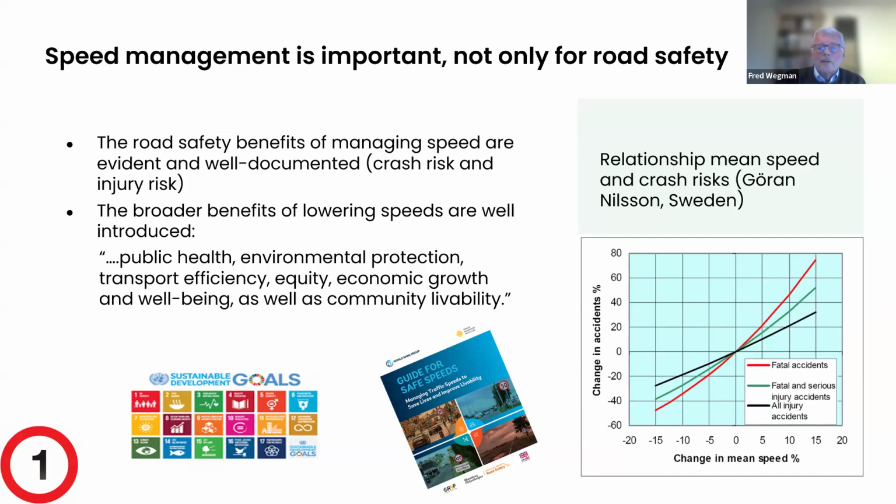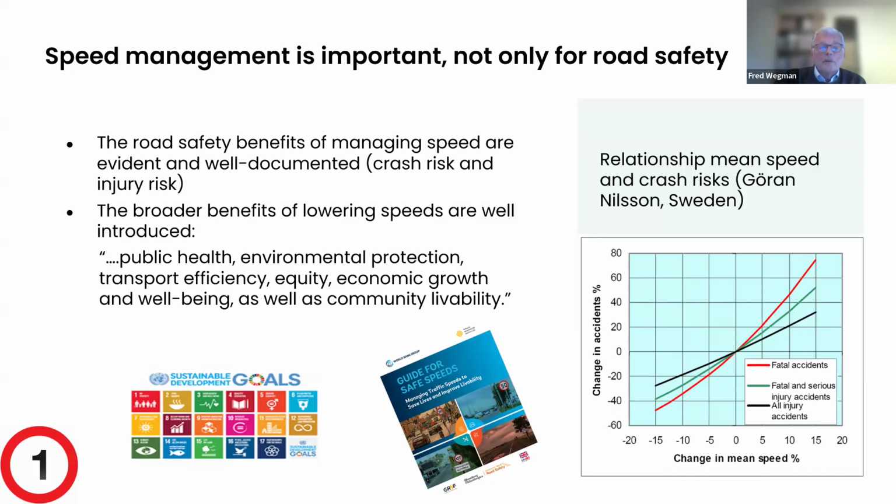And you see these three graphs, and you have seen them before, I hope, indicating that if you increase speed, you increase risk. If you reduce speed, you reduce risk. So that's for sure. And you can be very certain if you try to change and reduce speeds that you will improve road safety. And then you have a sentence on all these other goals as we discussed before.